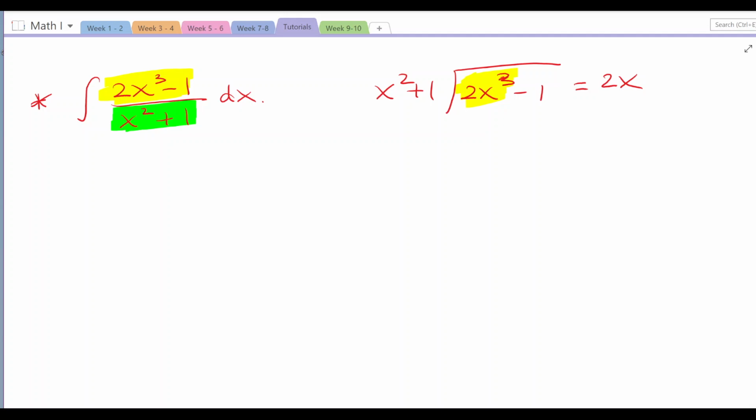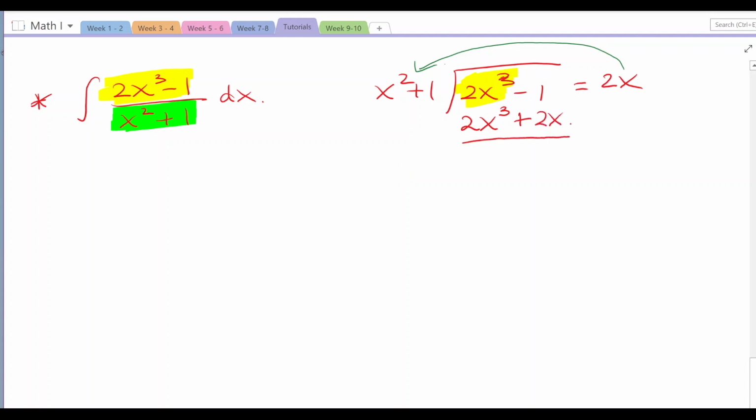If we multiply things back, multiply the whole thing with everything there, 2x times x squared becomes 2x cubed, and then 2x times plus 1 will simply be positive 2x.